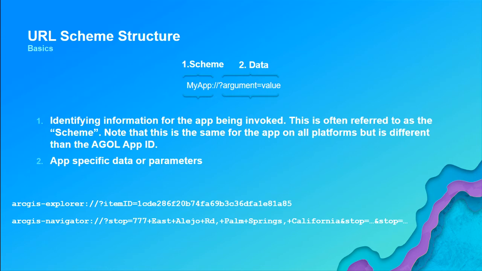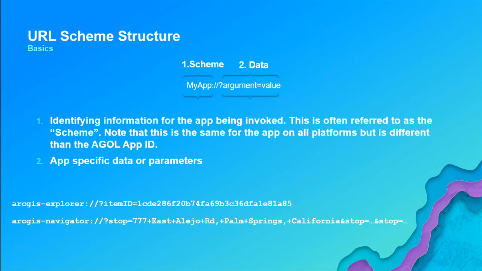Second, you pass in the argument that you want to pass to that second app. Examples down there at the bottom are things like we want to open Explorer and pass in this item ID, so we want to go to this particular item ID and load that. For the bottom example, we want to open ArcGIS Navigator, and we have an address that we want to pass in, so we want to be able to navigate to this particular address.